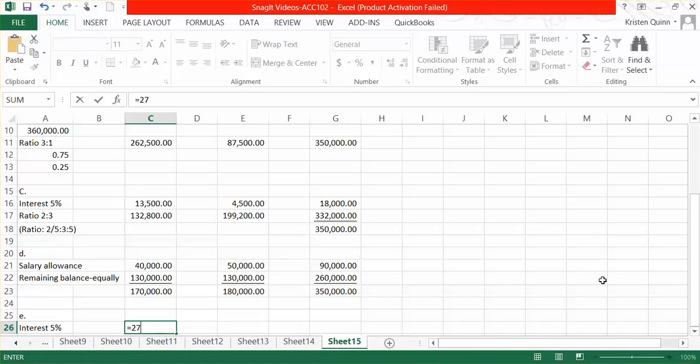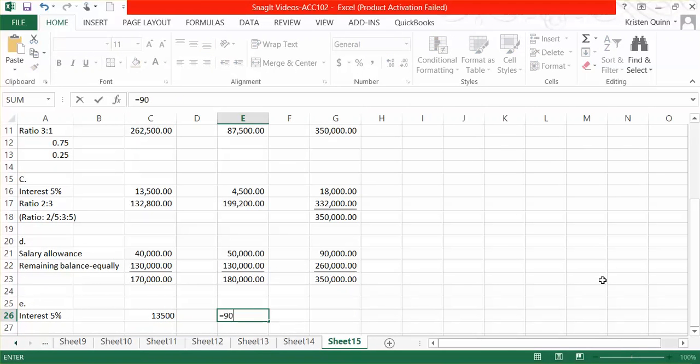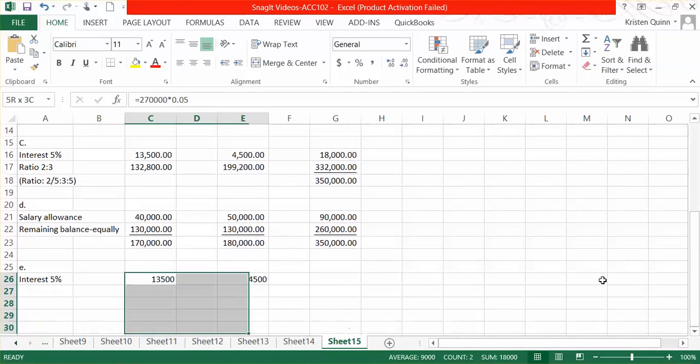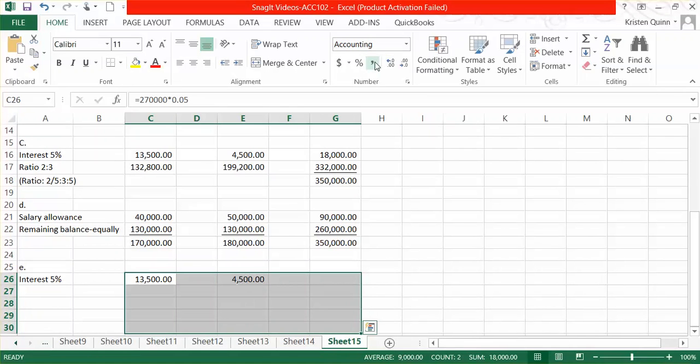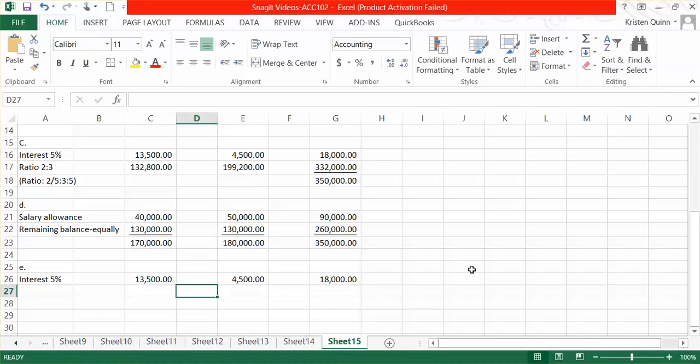So $270,000 is Murphy's initial capital balance, and we multiply it by 5%. And for Drake, capital balance at the beginning was $90,000, and we multiply it by 5%. We add it across to see how much we've distributed thus far. So far, we've distributed $18,000.